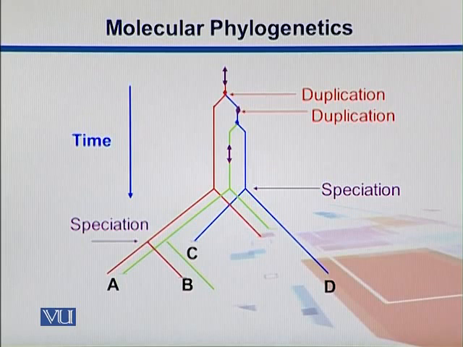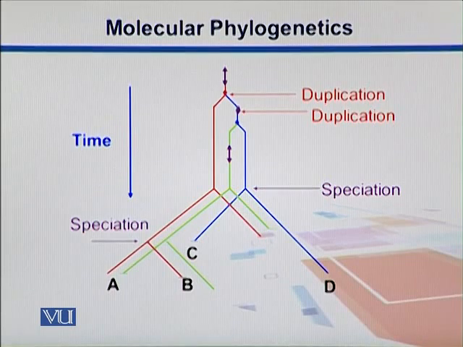So in this way, when we put the actual genes together in a tree, we can trace back the history of speciation, and we can move back and find where we might have expected some gene duplications over the period of time.